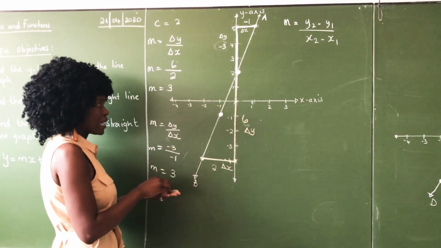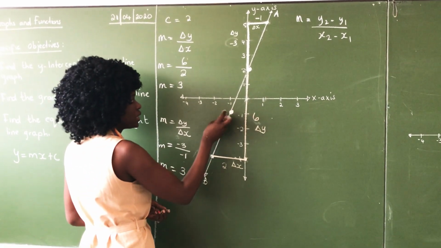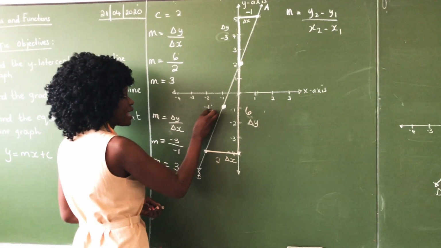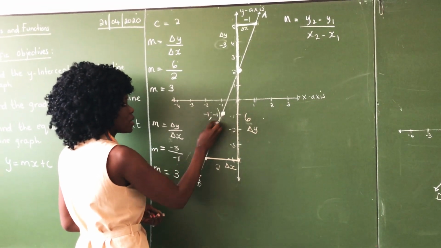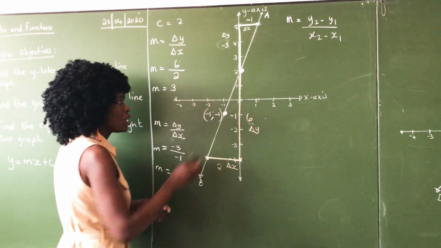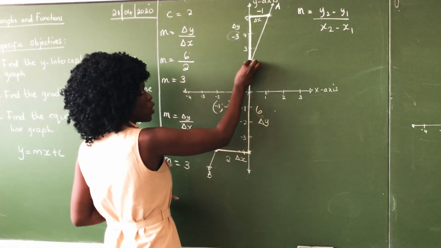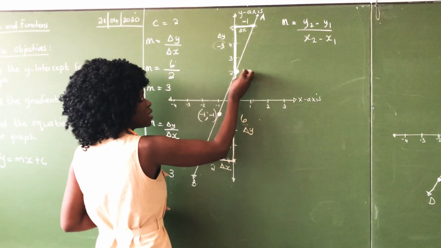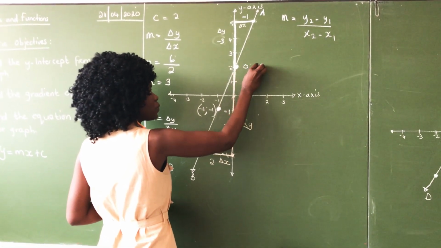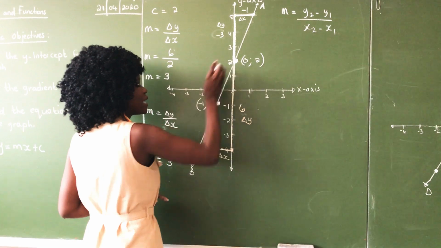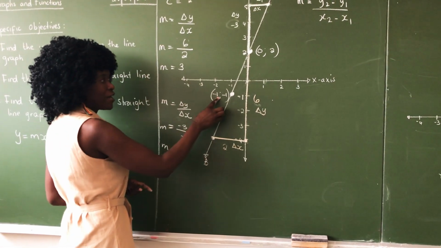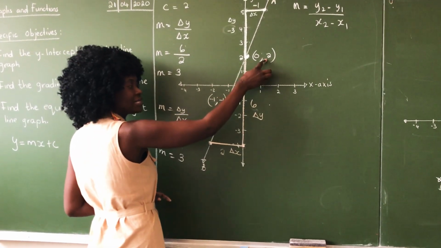So this pair here, the coordinates of that point is -1 on the x-axis and -1 on our y-axis. So we have -1 and -1. The coordinate of this point here is 0 on the x-axis and +2 on the y-axis. So this is my first pair and that is my second pair.